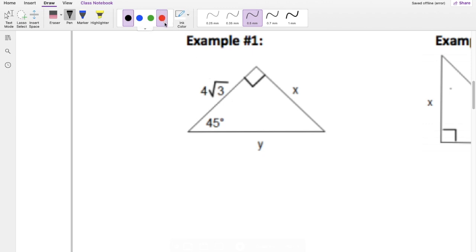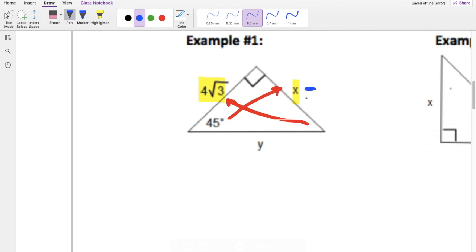Our legs are going to be the opposite of our 45s. That means that each of these two sides are going to be the legs of our triangle. What I'm going to do is set those legs equal to a variable, and I'll show you why I'm doing that in a second.